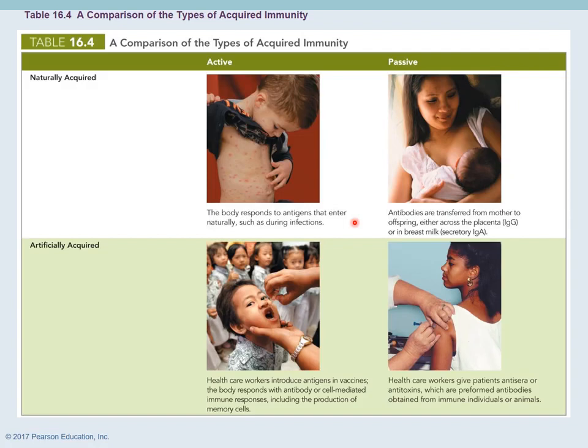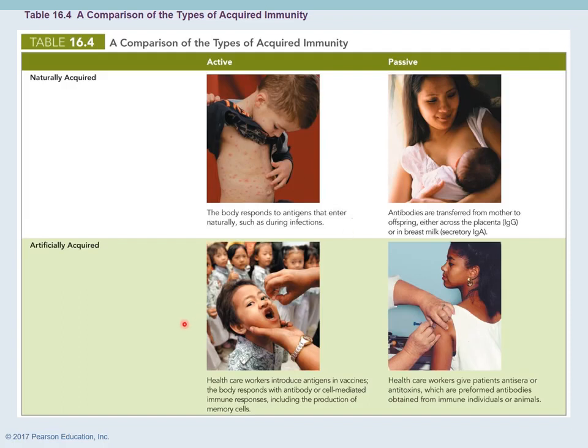The newborn or the young infant is able to get antibodies from the mother. Is the baby making antibodies? No. It's getting the mom's antibodies. That's giving it protection. Will this confer long-term protection for the baby? No, it will give the baby protection right now, but not long-term because it's not making its own. It's getting the antibodies from mom.